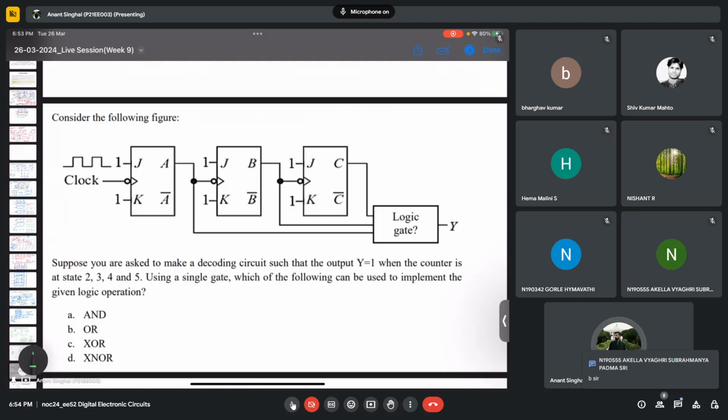So what my answer is, OR gate. Okay, so we'll check. Any other answer? Maybe in 1 or 2 minutes.